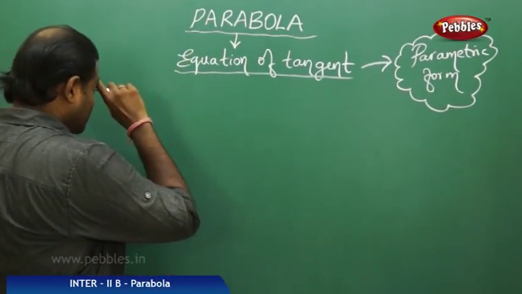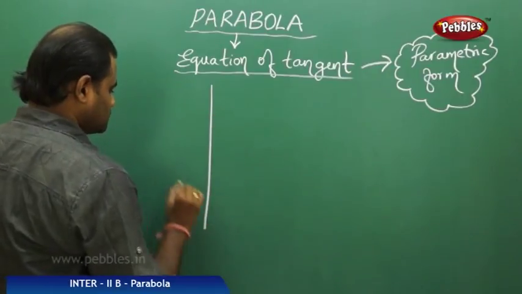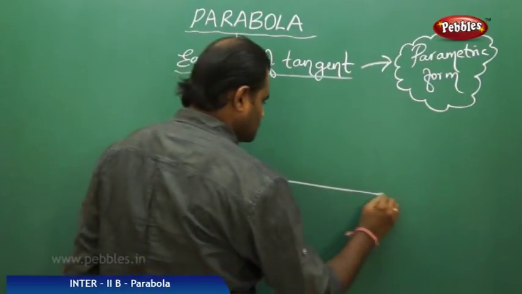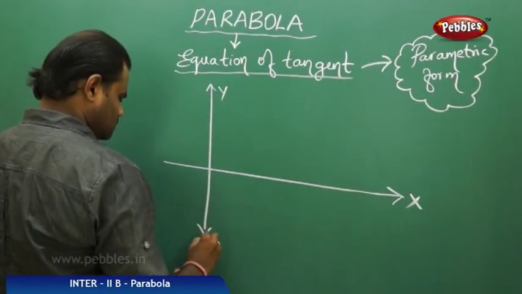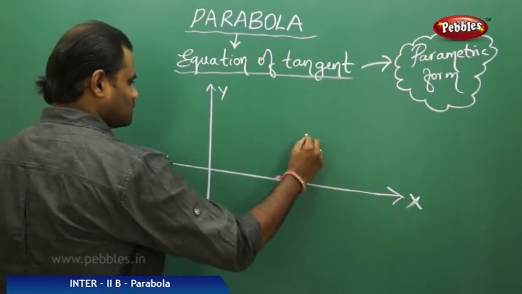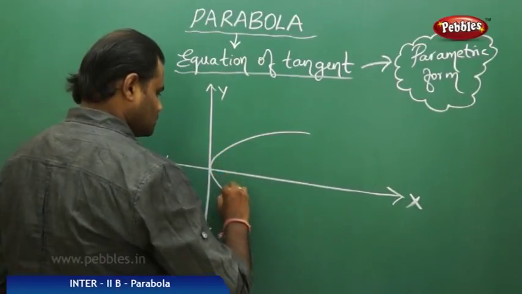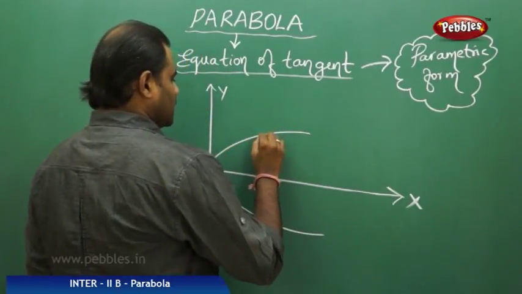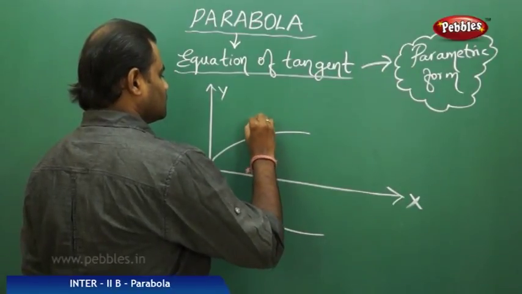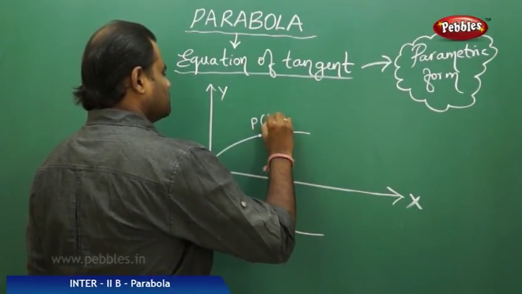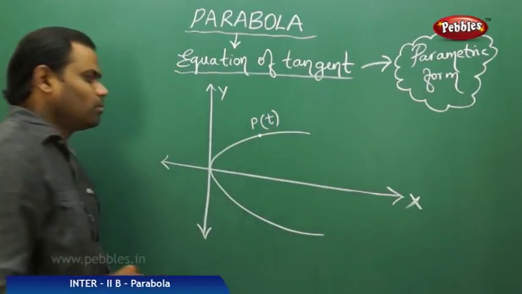Suppose I take the parabola y square equal to 4ax. And let P be a point represented by the parametric point t.